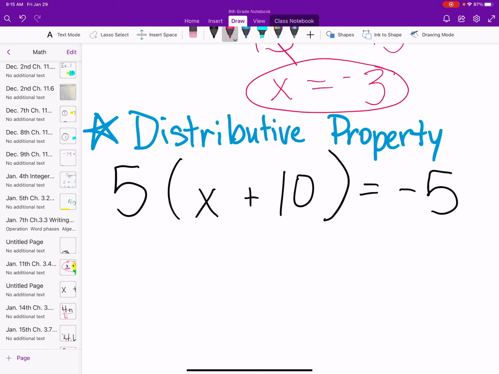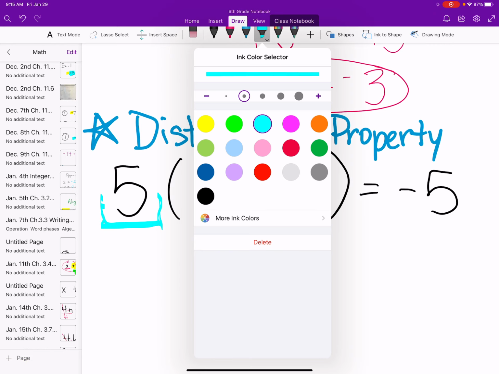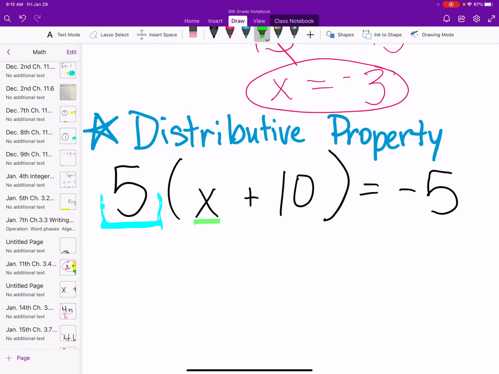So what the distributive property is that you have some number outside of a parentheses, and inside that parentheses, you notice there's an x along with some other number. So it has two things inside the parentheses. One of them is a variable. And the hard part is that we need that variable by itself, but right now it's hooked up with that plus 10. So we're going to distribute our 5 and break apart our parentheses.